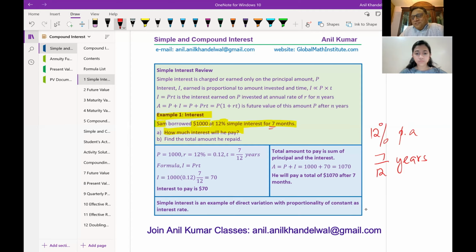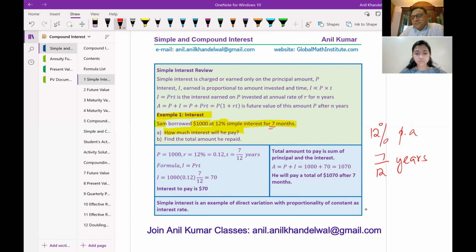If that is the interest, then the total amount to be paid will be 1,000 plus 70, because you borrowed 1,000 and you have interest accumulated 70. So you will pay 1,000 plus 70 and the total amount will be 1070 after 7 months. Is this part absolutely clear to you? So that is how we can calculate simple interest, which is a directly proportional relation as shown here.